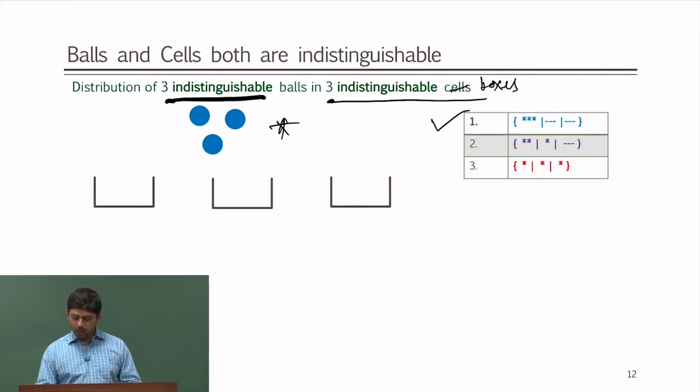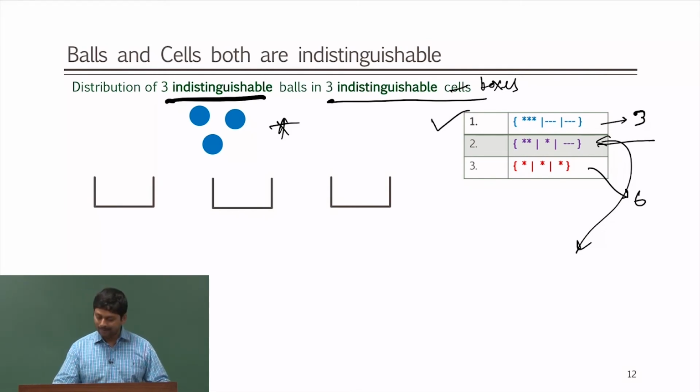For example, I showed you earlier that if balls were distinguishable and boxes were distinguishable, this would correspond to 6 possible configurations. Now, that is only 1. I showed you here also that if balls were distinguishable, this would be 3 possible configurations, and when both were distinguishable, this had many more configurations.